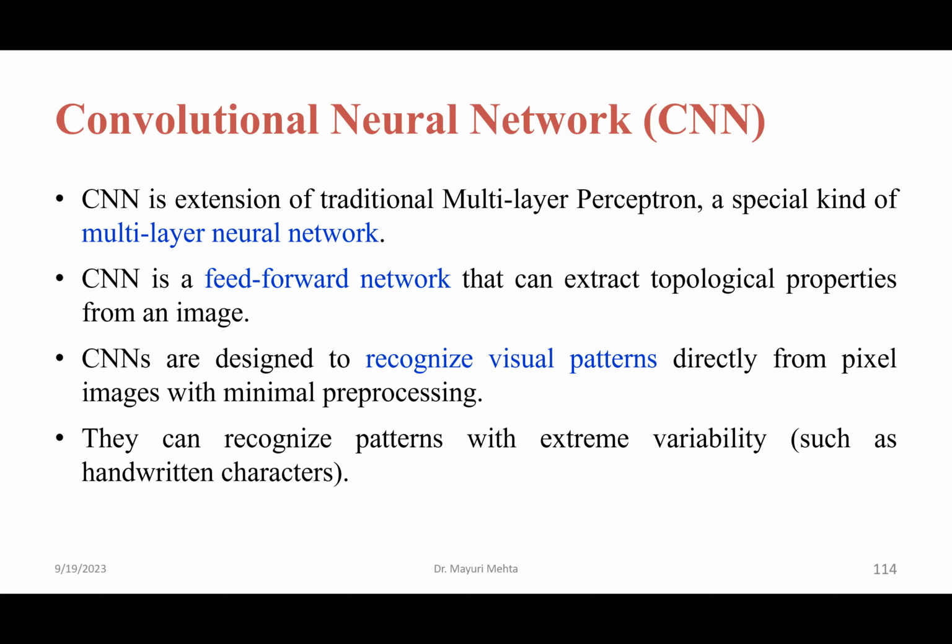It is a feed-forward network. If you remember, during the discussion of the first unit we also discussed feed-forward neural network and back propagation. So CNN is a feed-forward network that can extract topological properties from an image. Then CNNs are designed to recognize visual patterns directly from pixel images with minimal pre-processing.